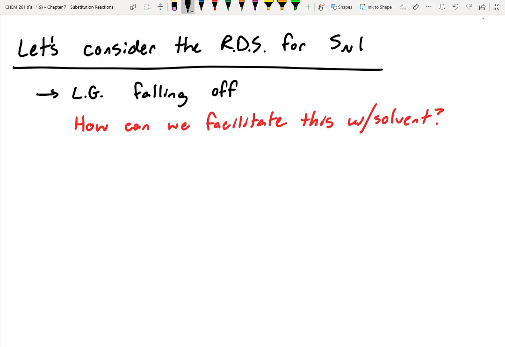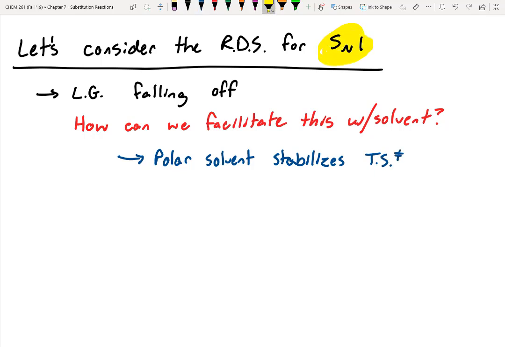Do we want a polar solvent or a non-polar solvent, first of all? Polar. So right now we're just focusing on SN1 only. So we said that polar solvents will stabilize the transition state, but between the polar solvents, what will stabilize the transition state more?